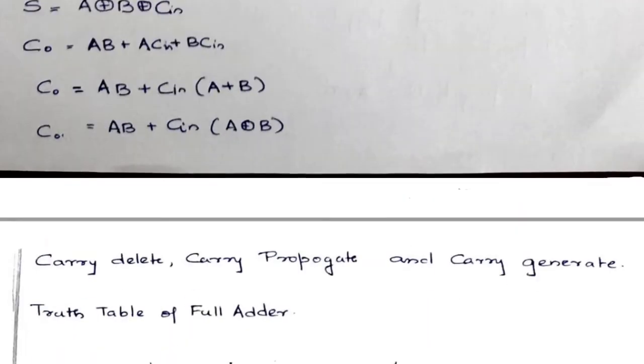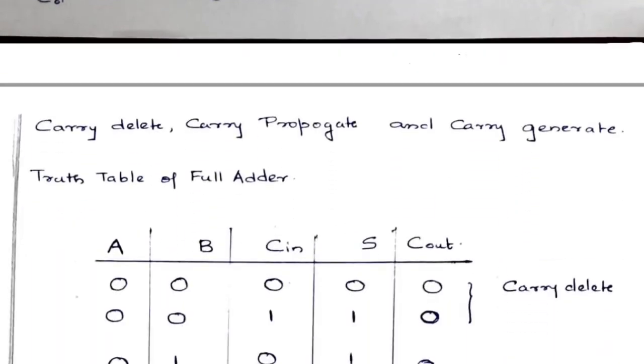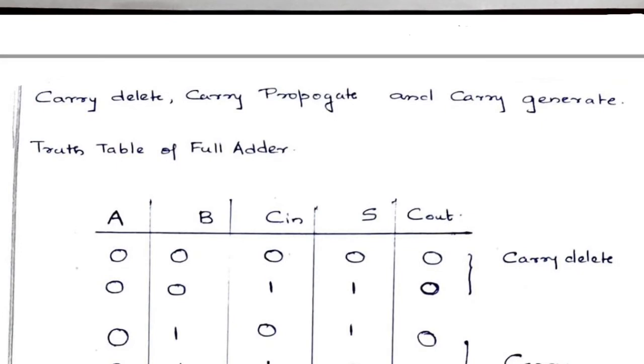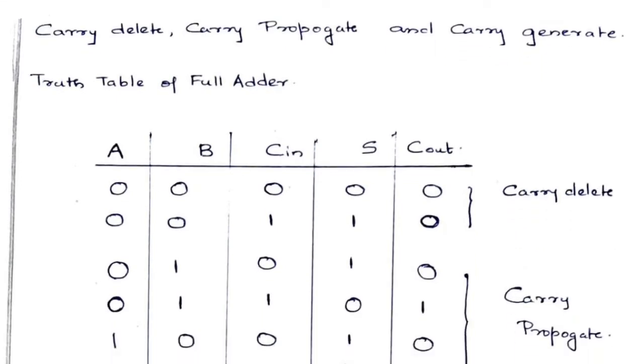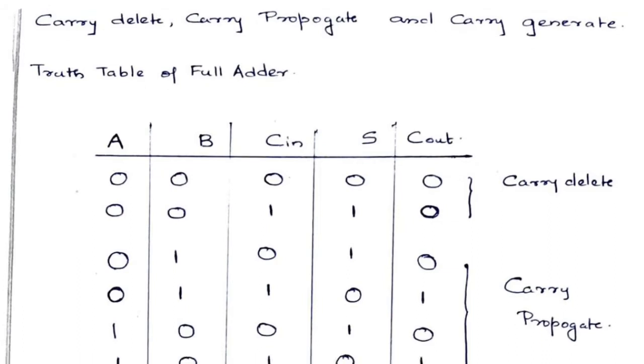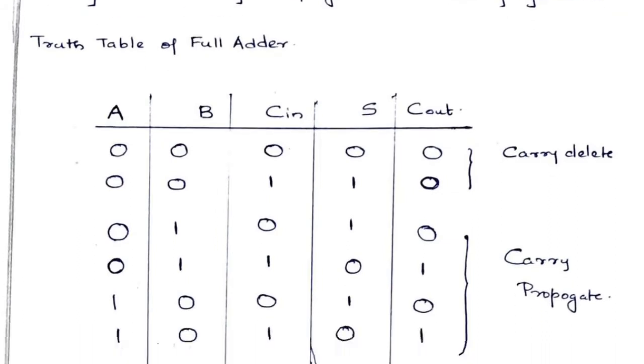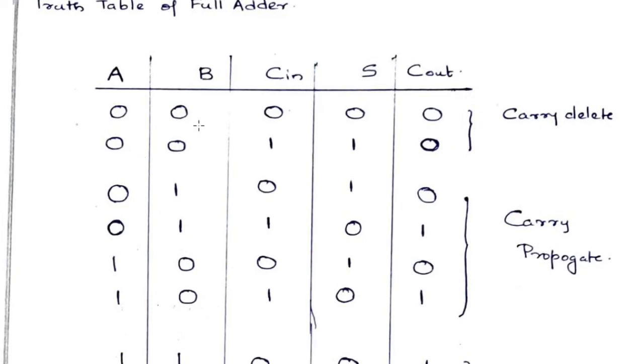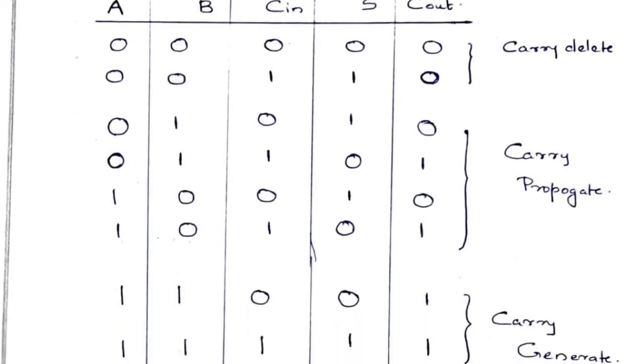Next we'll move into the topics called carry delete, carry propagate and carry generate. These three terms are really important to study the further adders. This is basically the truth table of a full adder.